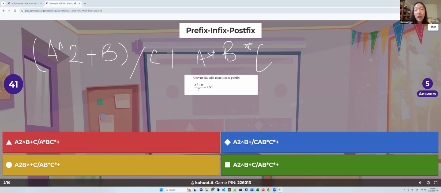So now we take the operation between two operands and we switch it so the operation is behind them. Let's just read from left to right. First we have a squared, so this turns into a 2 caret, which is now a new operand.